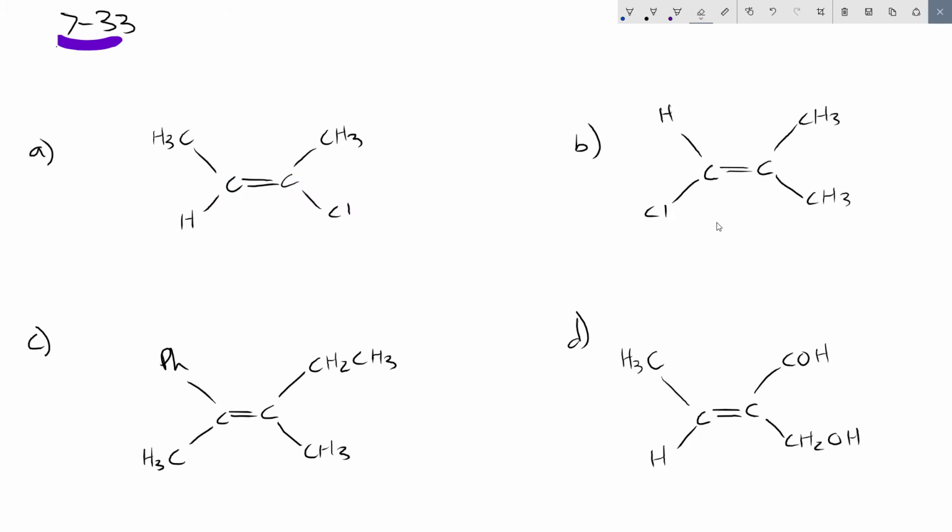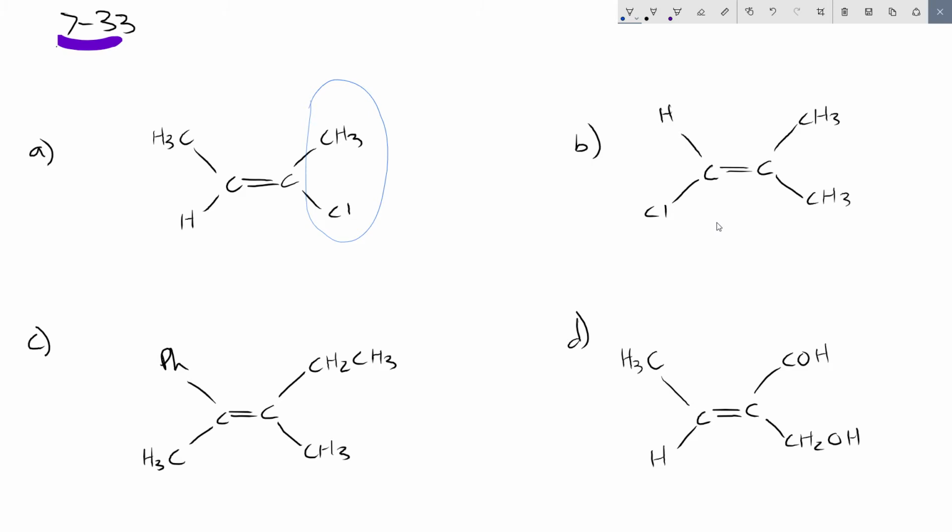The first thing you want to do is compare these two groups and these two groups together, right? And you're going to compare them by means of atomic weight and priority. One of them is going to have a high priority, the other one's going to have a low priority, and that's going to be determined by atomic weight and by the first point of difference.